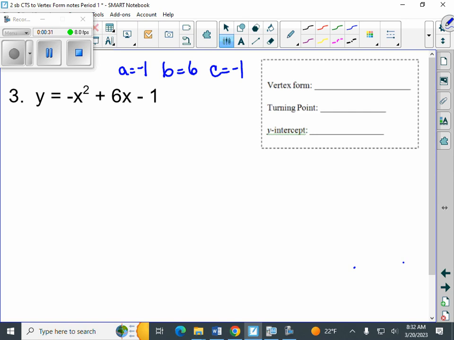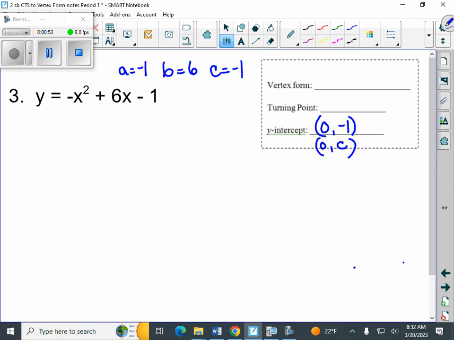And we can fill in the y-intercept right now. It is (0, negative 1), which is 0, c. And we're allowed to do that from standard form. But really what our focus is going to be on is, can we write this equation in vertex form?